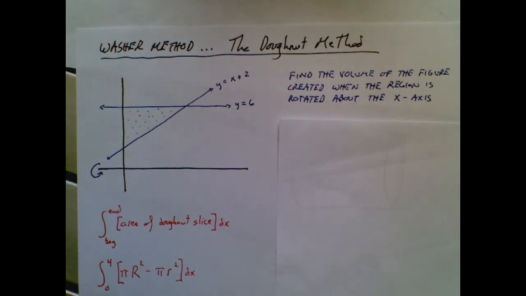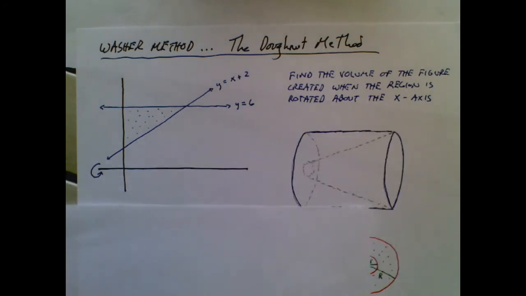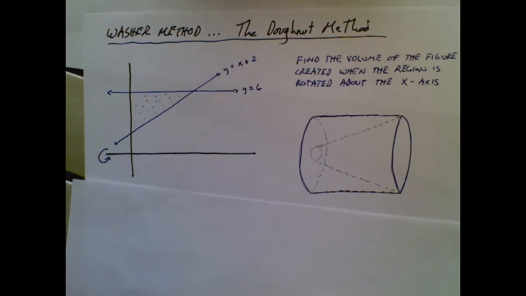If you didn't see it when I accidentally uncovered it, and I hope you didn't, you should take a moment to pause the video and see if you can't sketch it or imagine that region. I have a feeling you could even see it through the paper, but there is that region.